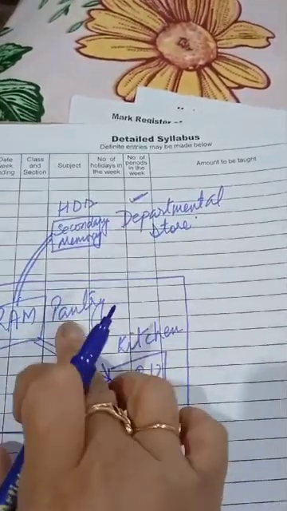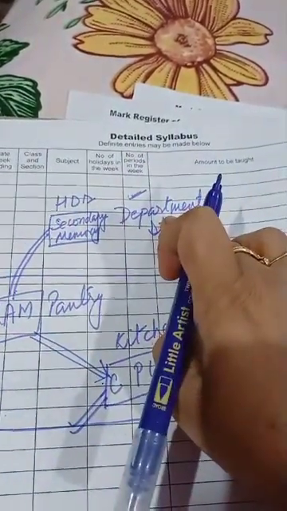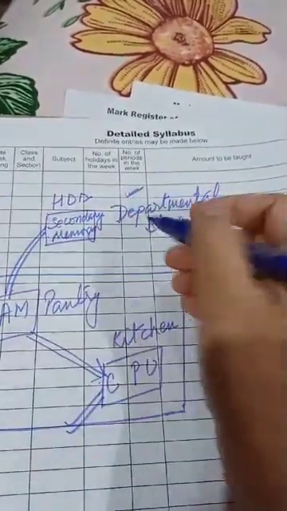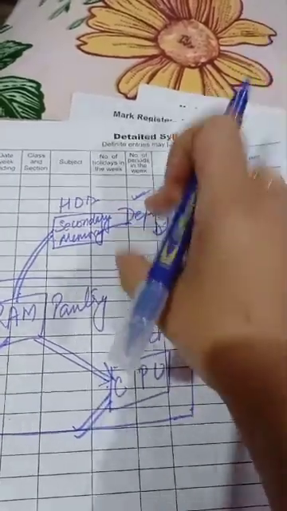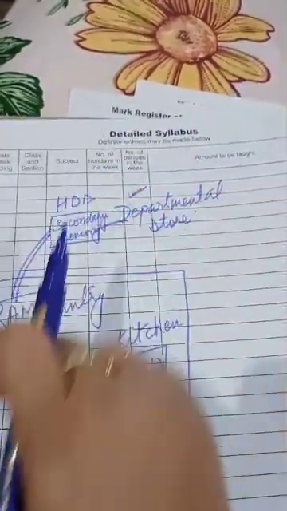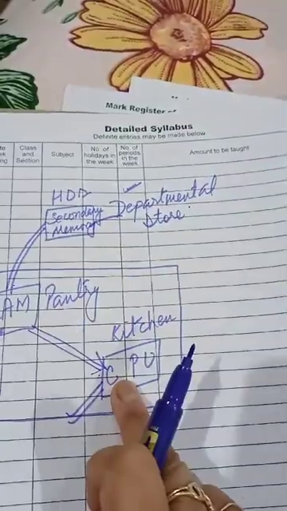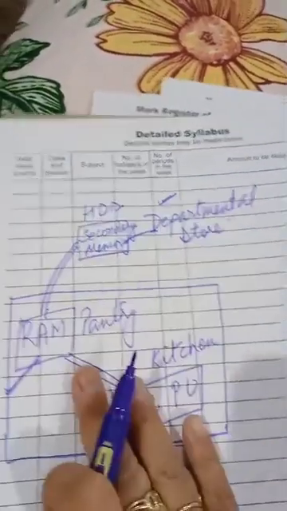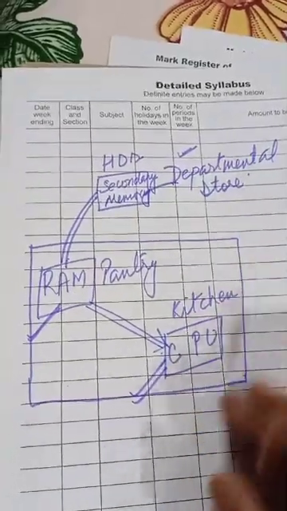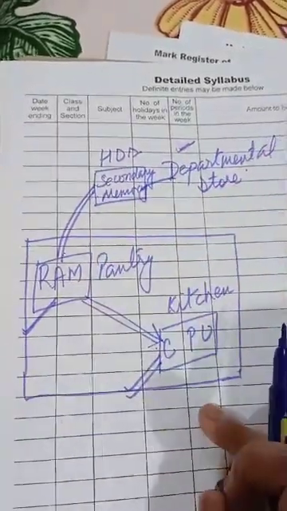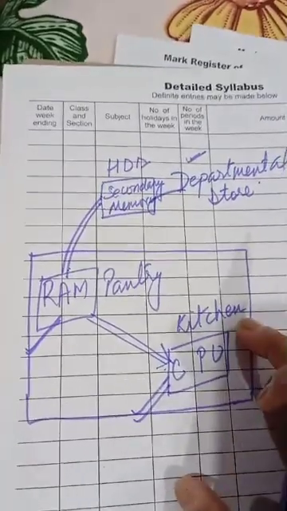And the departmental store will take more time to get the data, because the data from the secondary storage device will come to RAM first, and then move to the CPU.